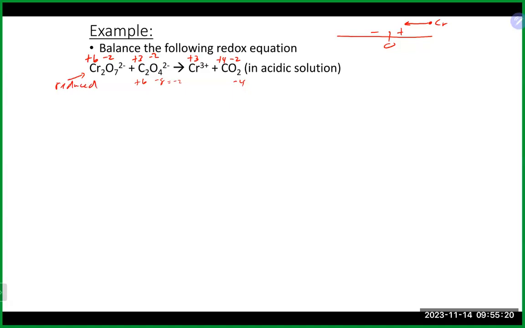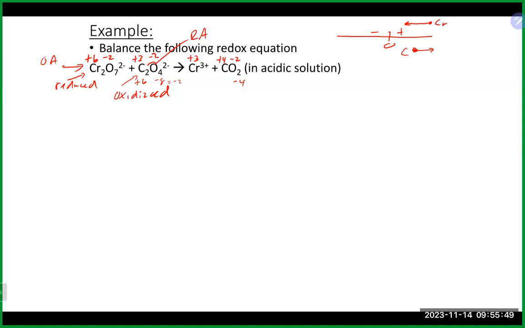The carbon is starting at +3 and it is ending at +4, which is moving in that direction, becoming more positive, which means it is being oxidized. That once again means that this guy is my oxidizing agent. This one here is my reducing agent. Any questions on any of that there?